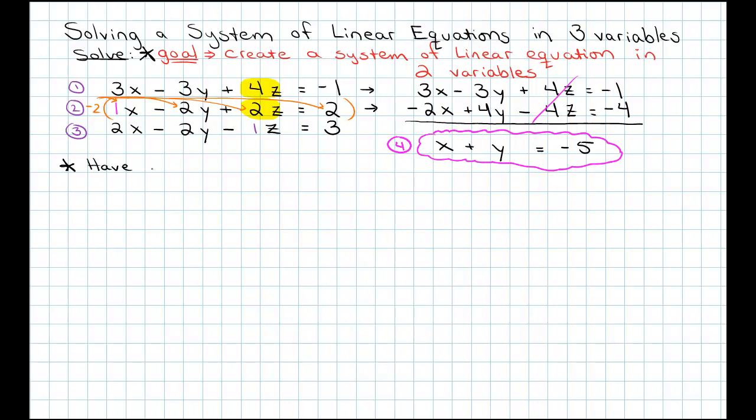I have to use equation 3. Okay, so let's write down. I'm going to choose to use equation 2 and equation 3.